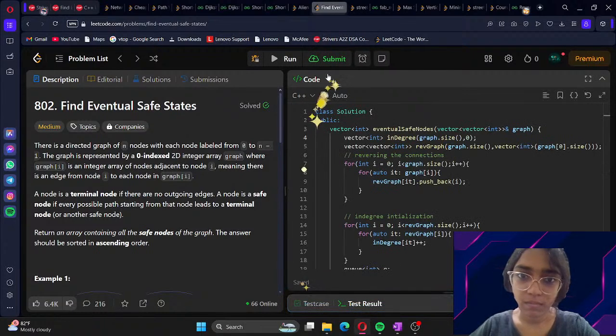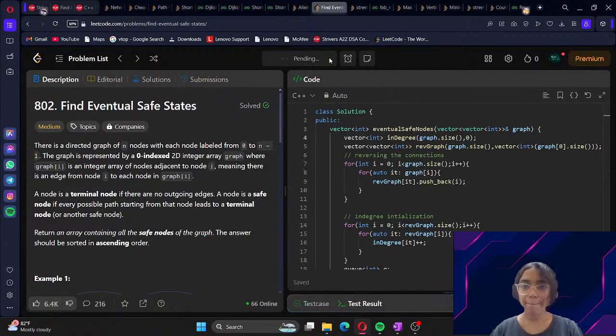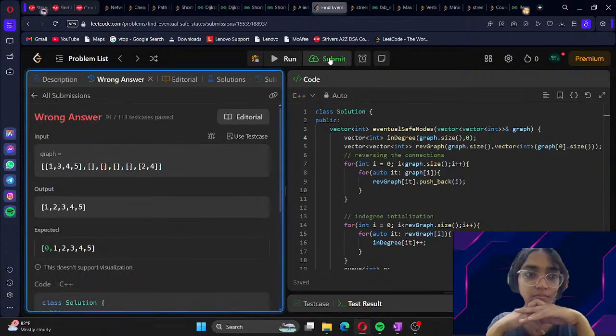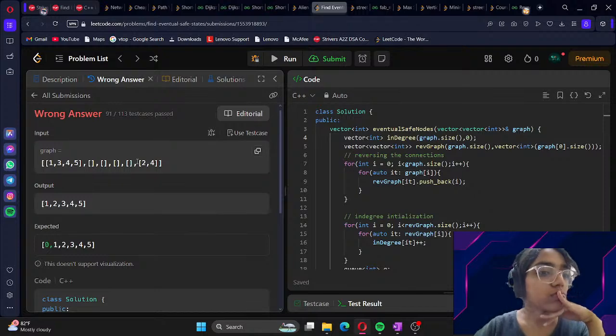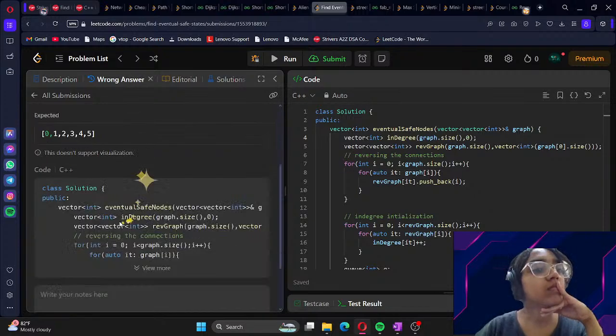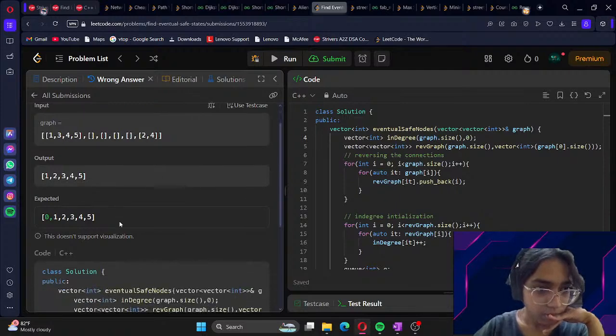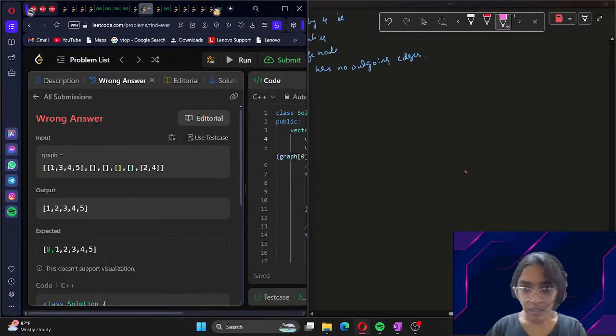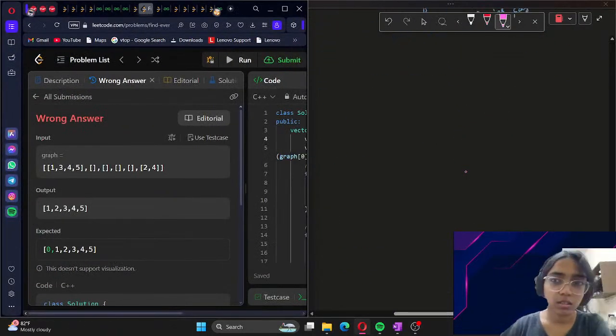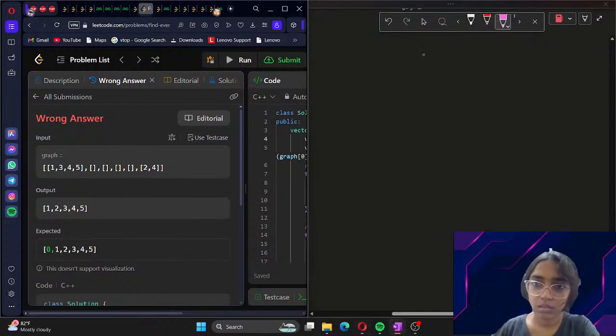Oh yeah, wait. What mistake? Let me dry run it. Why did I get a mistake here? So, the error case.